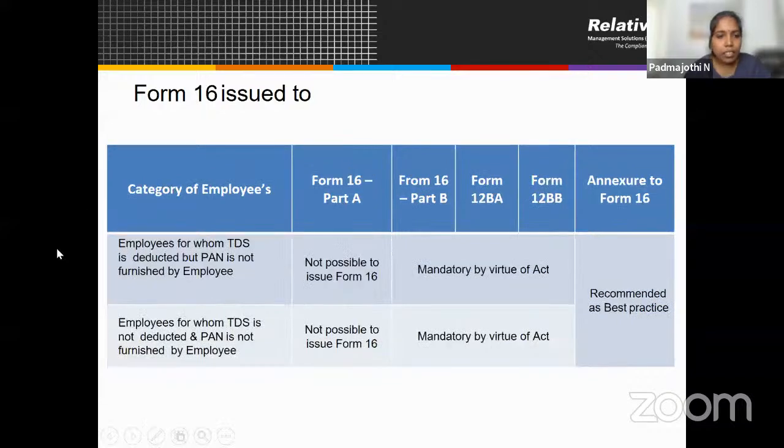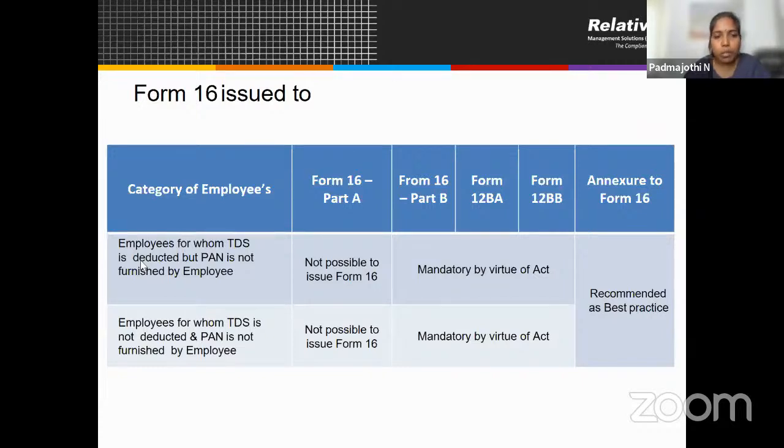And the next case will be if an employee doesn't have a PAN number, then it is not possible for us to issue the Form 16 at all. Because, for example, Form 16 Part A and Part B are both generated from TRACES. So in TRACES, only if we mention the PAN number will the certificate be generated.